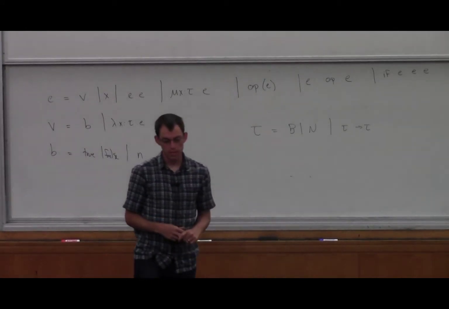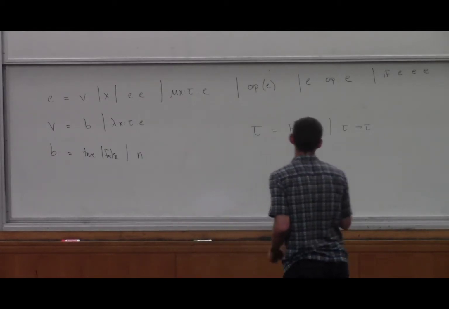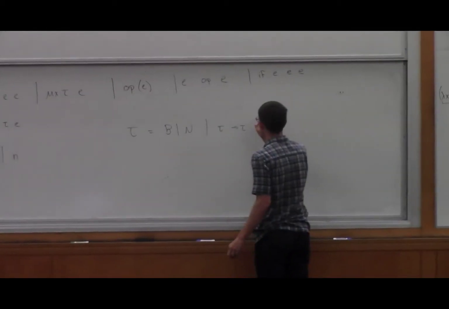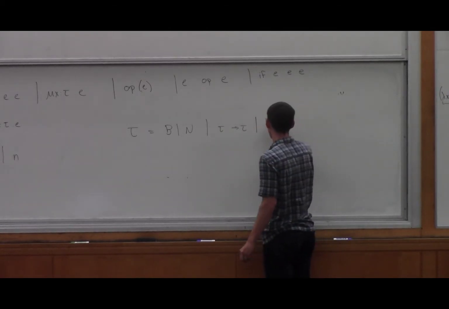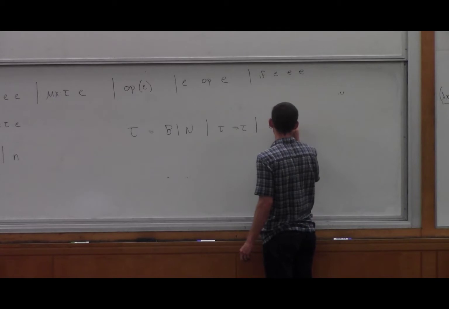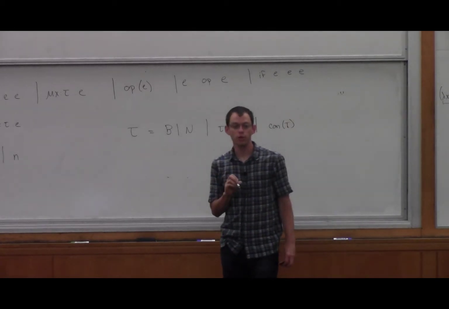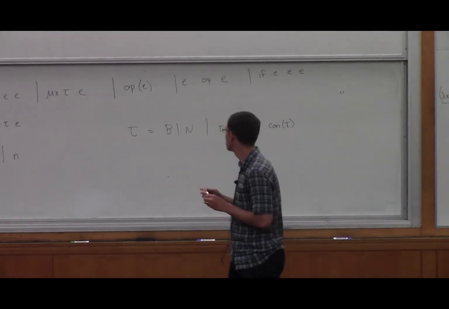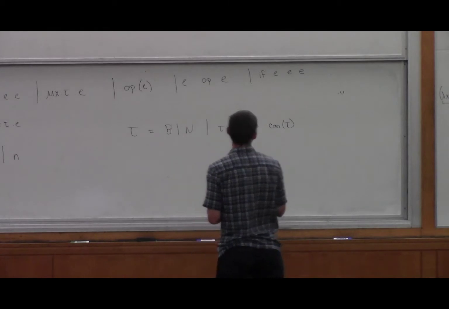So the syntax for CPCF, we're going to add a few things to each production. We're going to add a type constructor for contracts that monitor values of type tau.